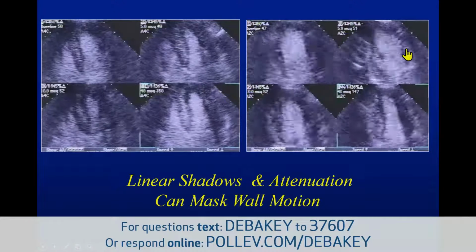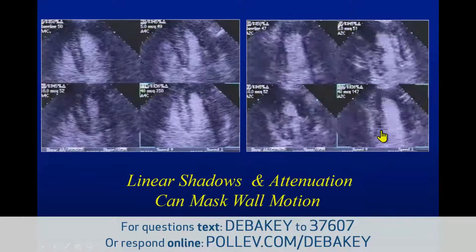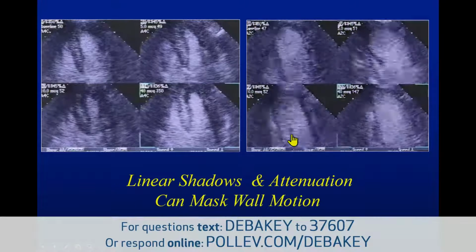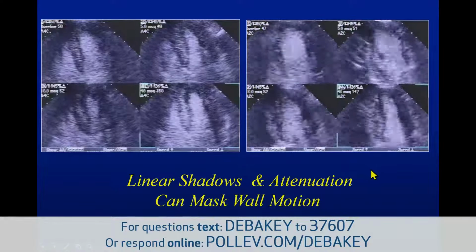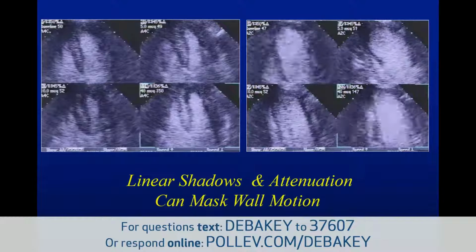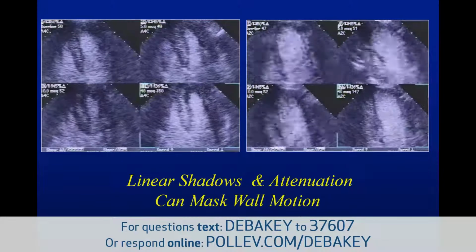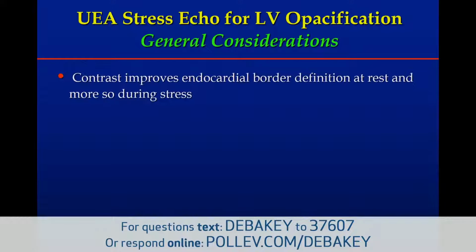So the endocardium is behind it. And at times you have some of that here in the inferoposterior wall. So you have to be very careful where the endocardium is when you use contrast, and watch also for attenuation from the parasternal window.